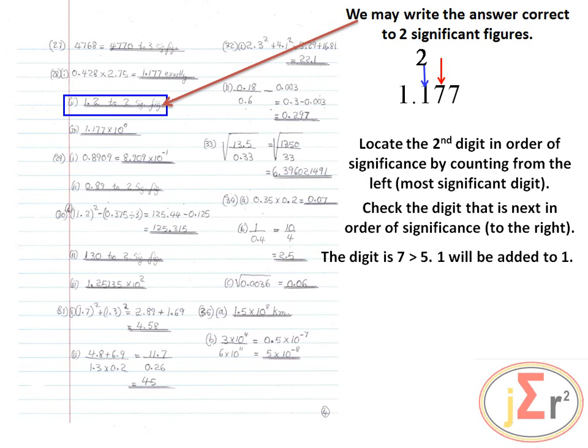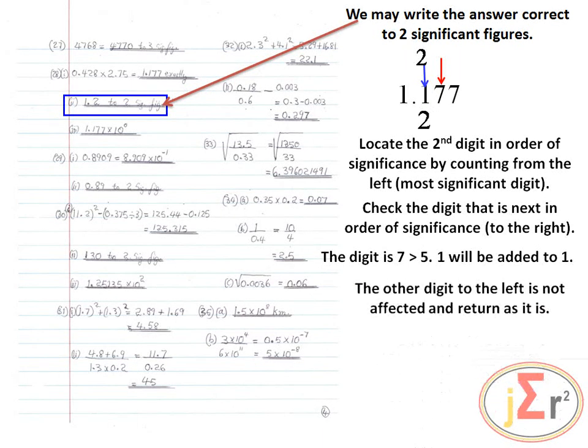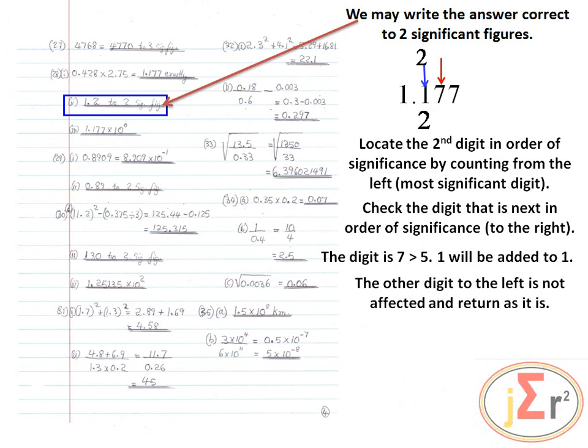If it were equal to 5, we would still add 1, because the rule is greater than or equal to 5. So the digit is 7, greater than 5, we will add 1 to 1, which is the digit in question. 1 plus 1 is equal to 2. The other digit to the left is not affected and is returned as it is.